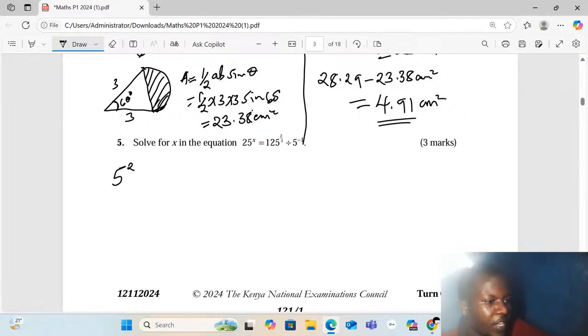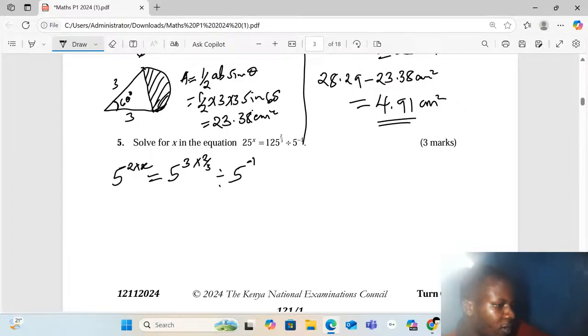But now we're having raised to x, so times x equals to 125. We can make it to base 5, so we shall have 5 power 3. But we're having already raised to 2 over 3, and so we shall multiply by 2 over 3, divided by 5 raised to negative 1.